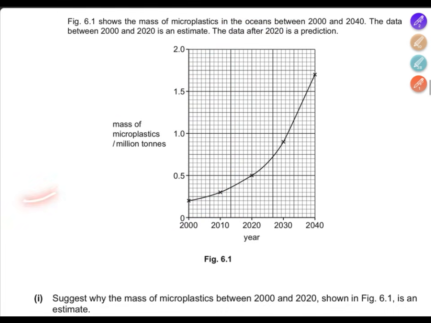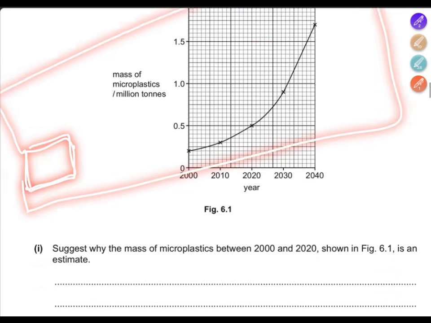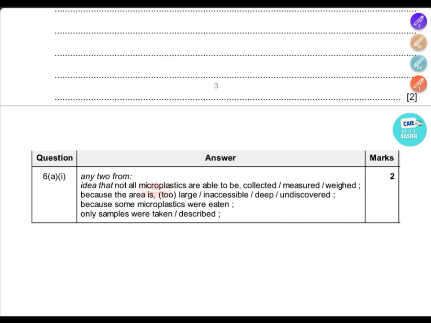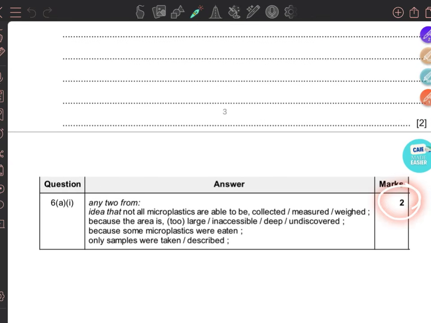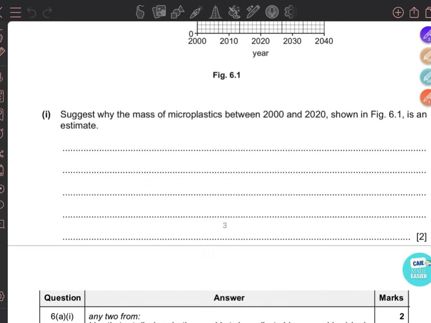So you measured a small region and then estimated how much would be in the entire ocean. Not all microplastics are able to be collected, measured, and weighed, or the area is too large or inaccessible. Some of them were eaten by sea animals, so they could not be measured and only samples were taken, right? So you can mention any two of these points, I would say.